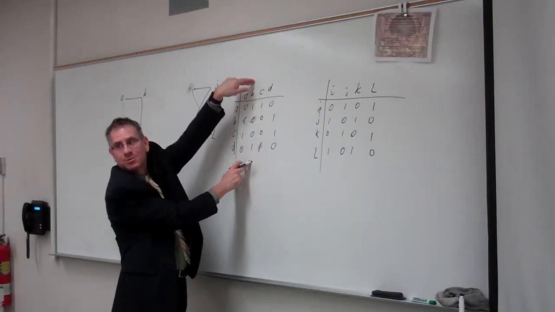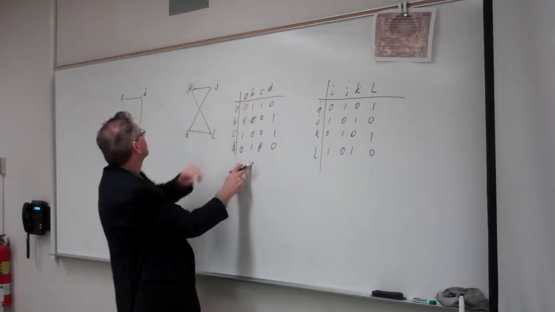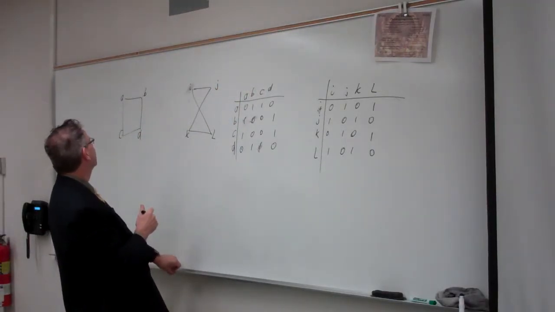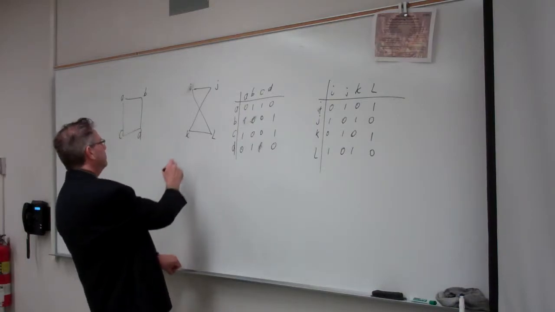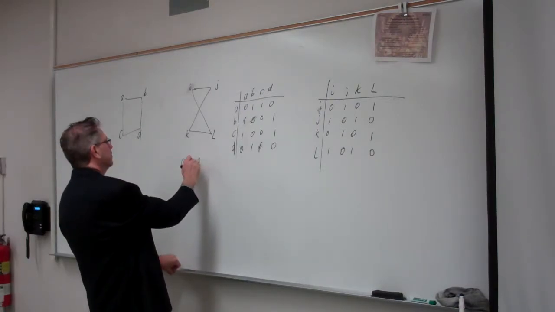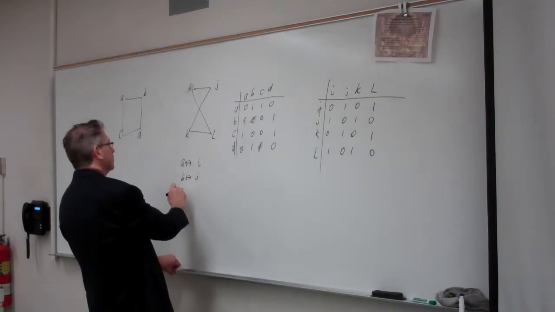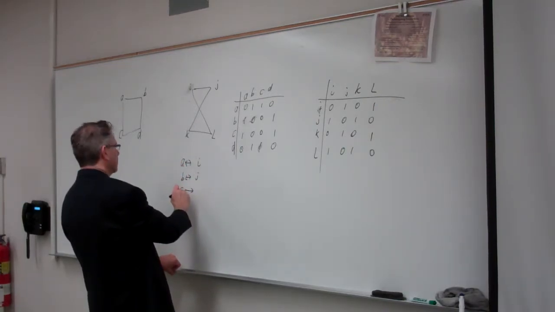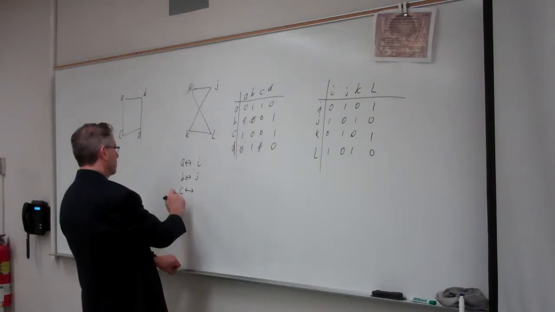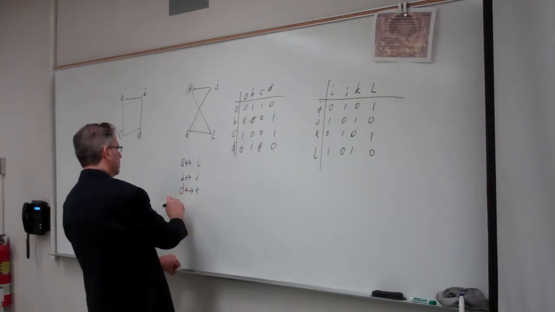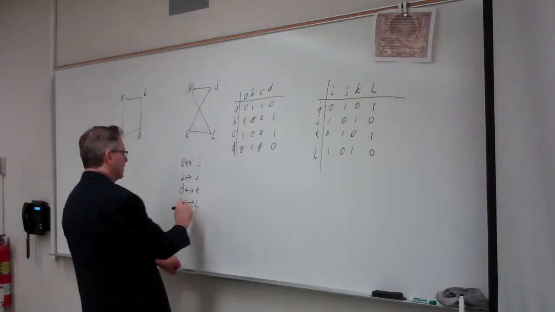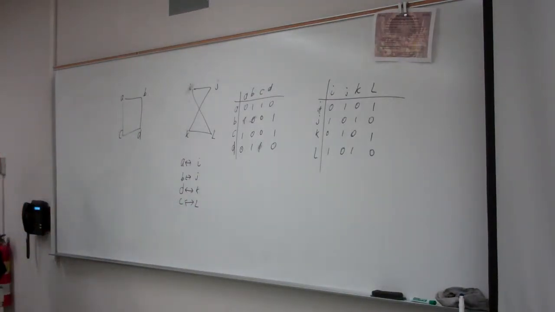In other words, swapping rows and columns. So what is it actually? A. So I think that'll end up being our isomorphism.